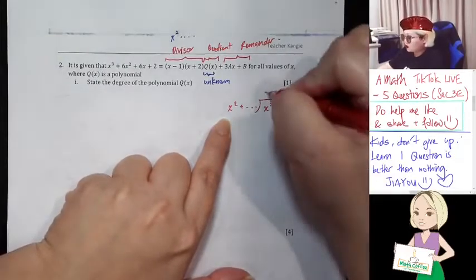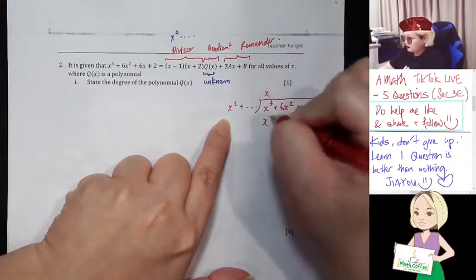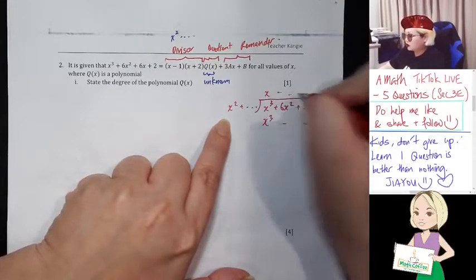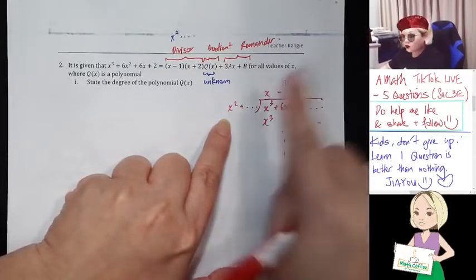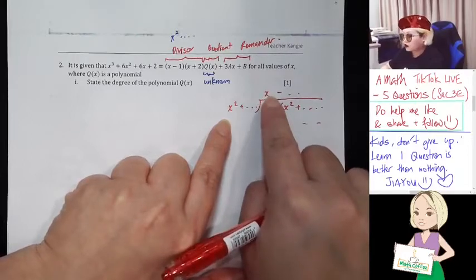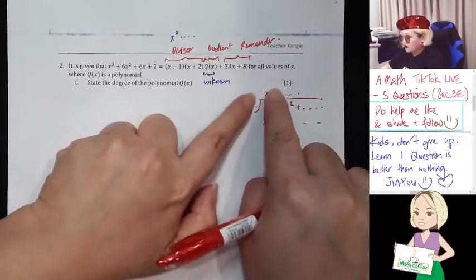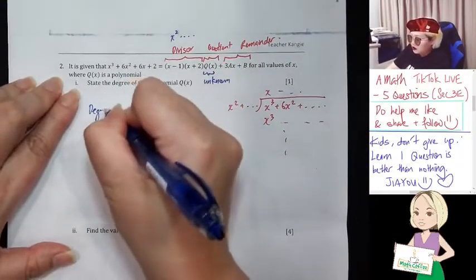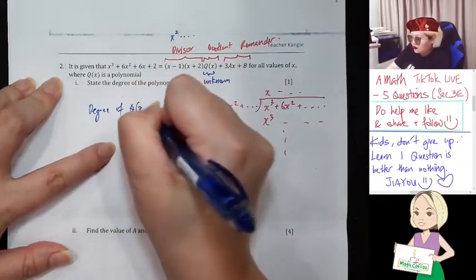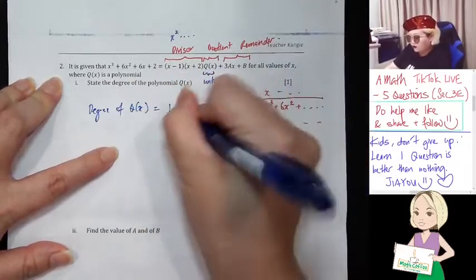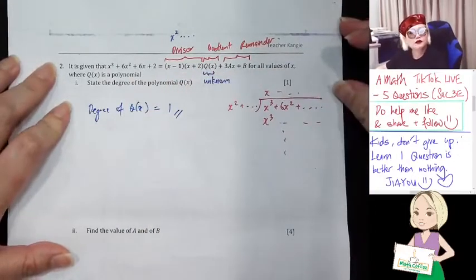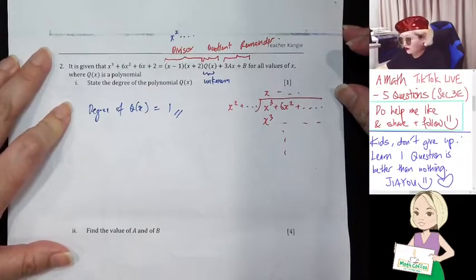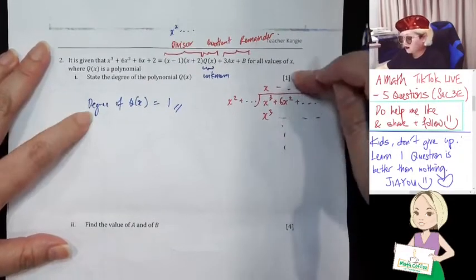For this case, we know this is x. Of course it will continue, but I'm not going to continue. I just want to know the degree of qx, which is 1. So therefore, part 1 simply, you will just say degree of qx equals 1. That's all. Easy, just a 1-mark question.